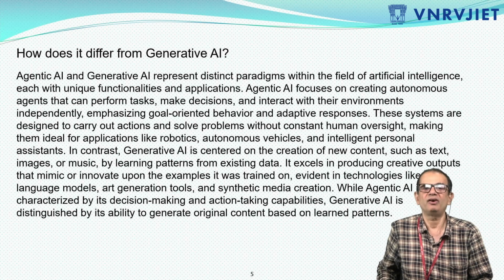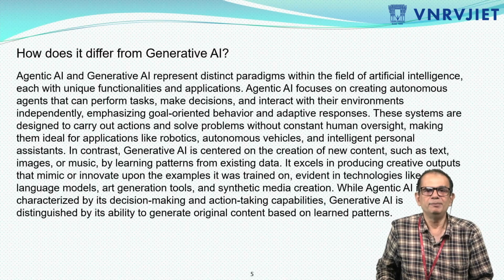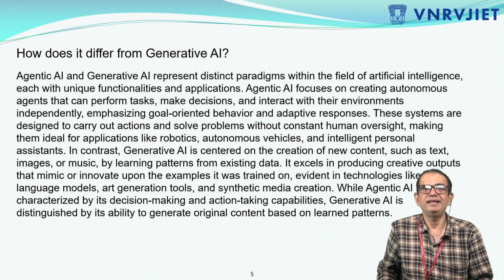How does it differ from generative AI? Generative AI is going to generate some visuals for us, some text for us, or some speech for us. But agentic AI is going to go ahead and do the work for us.